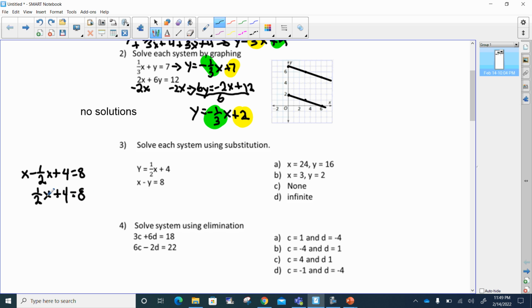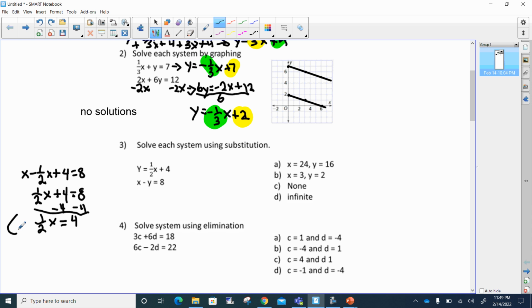I can also combine like terms on the opposite side by doing the opposite. So I'll subtract 4 over here, which means I will subtract 4 over here. So now I have 1/2 x equal to 8 minus 4, which is 4.